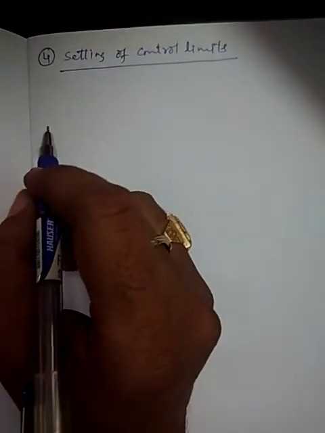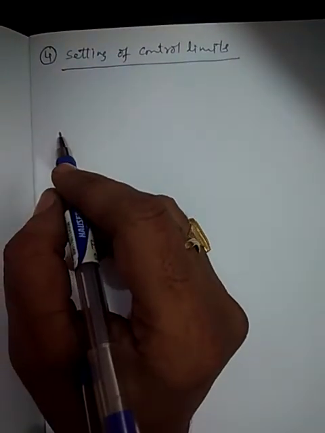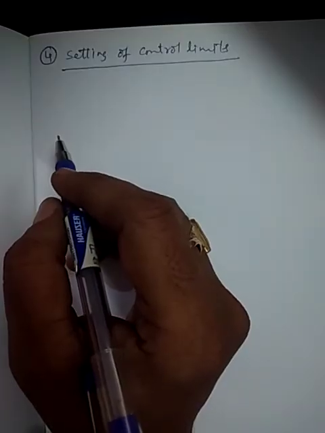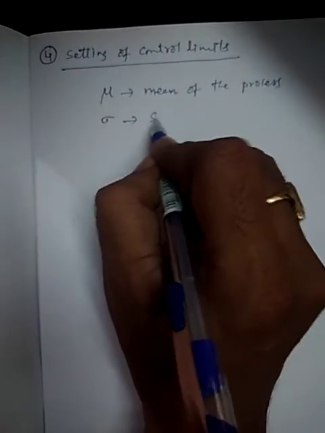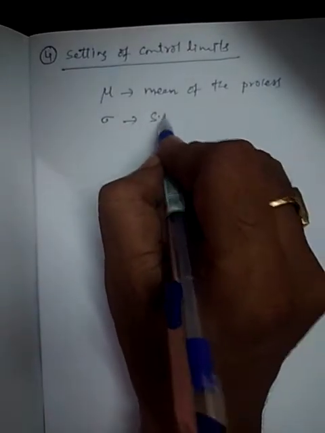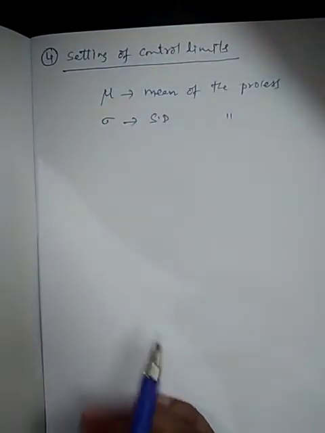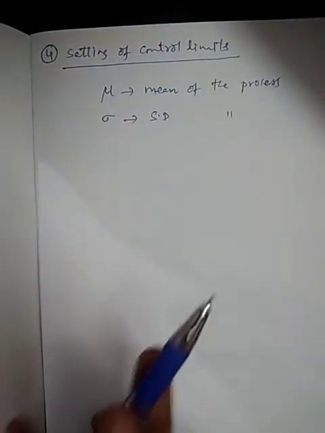Now you see, in the setting of control limits, first of all, I define mu and sigma. Mu is the mean of the process, and sigma is the standard deviation of the process, which indicates the standards of the process.